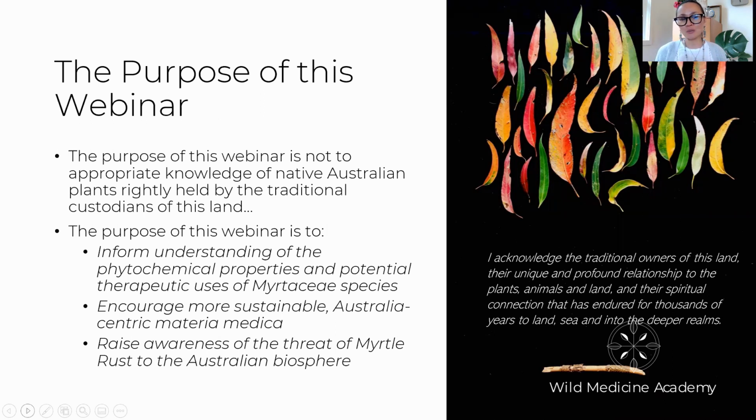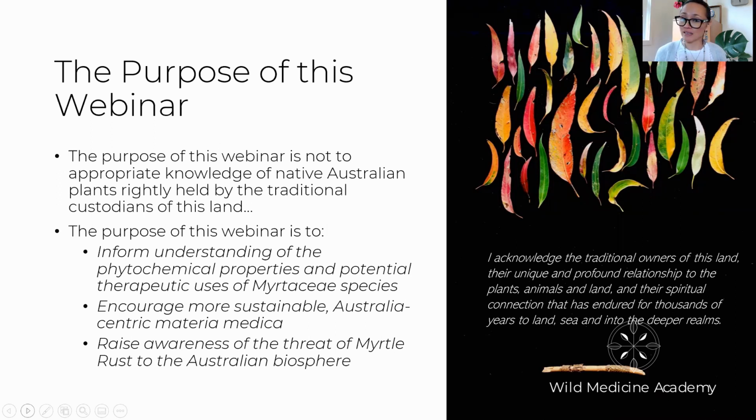And I also think that once we have this intimate connection with plants as herbalists, it then creates more of this progressive and revolutionary movement to make our work more sustainable and to encourage greater care of the land on which we live. And finally, on that pathway as well is discussing myrtle rust, which is a very invasive and dangerous pathogen at the moment that is threatening the myrtle species in Australia.